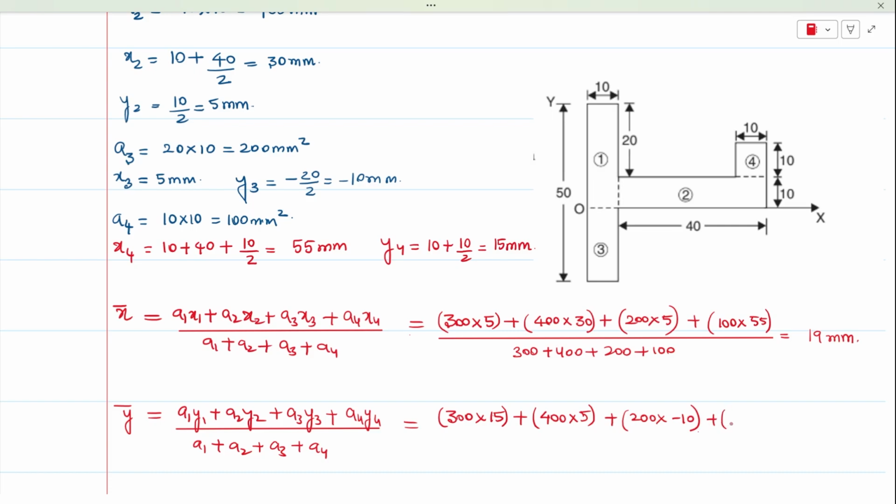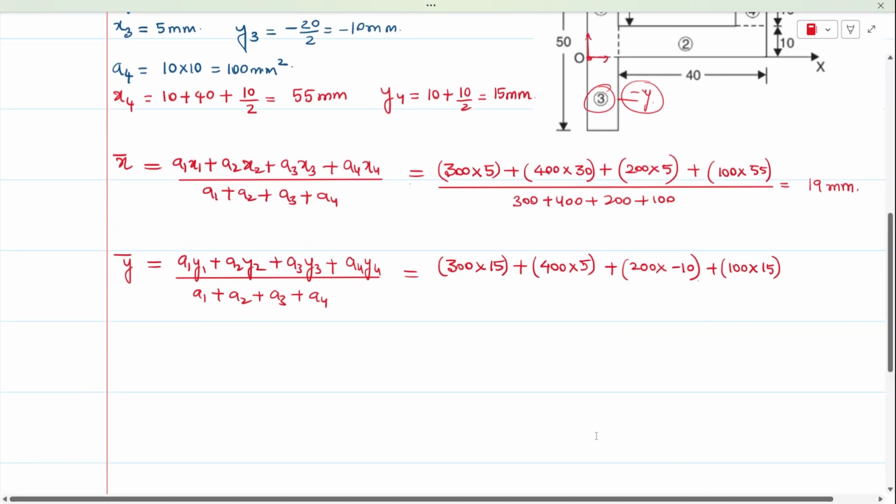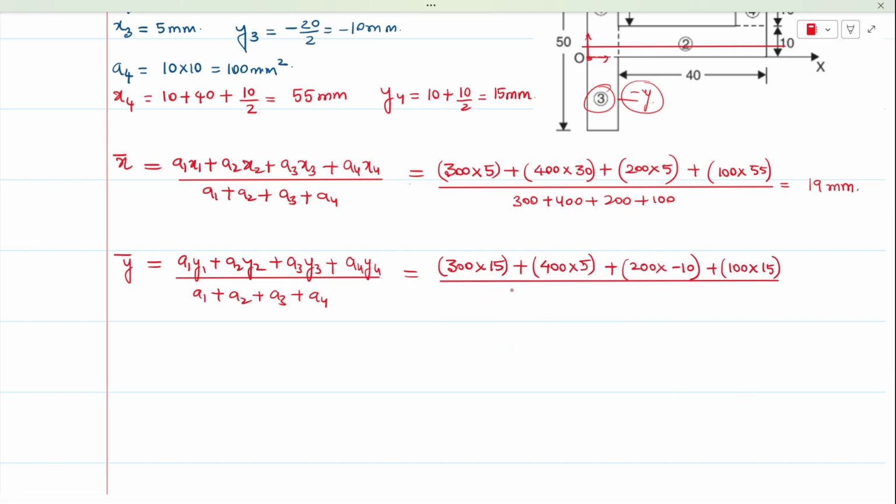Next is a4, that is 100 mm, and y4 is 15 mm. So only area number 3 has a negative y coordinate, no negative x coordinate, as area 3 is taken in the fourth quadrant and this is taken as the origin. So this is divided by the summation of all the areas, which is 300 plus 400 plus 200 plus 100, and this would be equal to 6 mm.